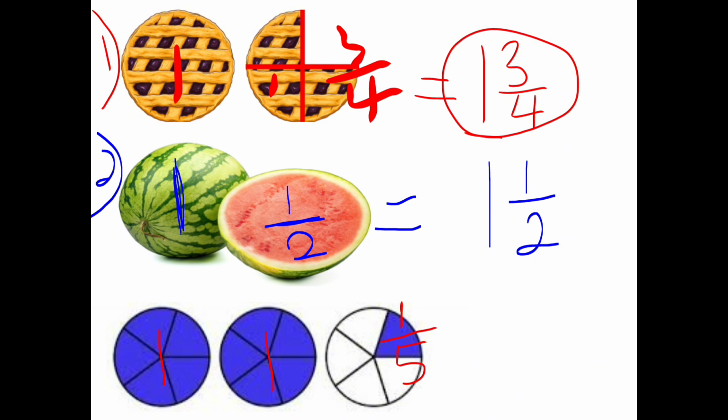So our whole circle will be 1 plus another whole. That makes it what? 2, right? Very good. So our fraction here will be what? 2 whole colored circles, and 1/5 of the third one, and that makes it 2 whole number 1/5. Do you understand? Very good.